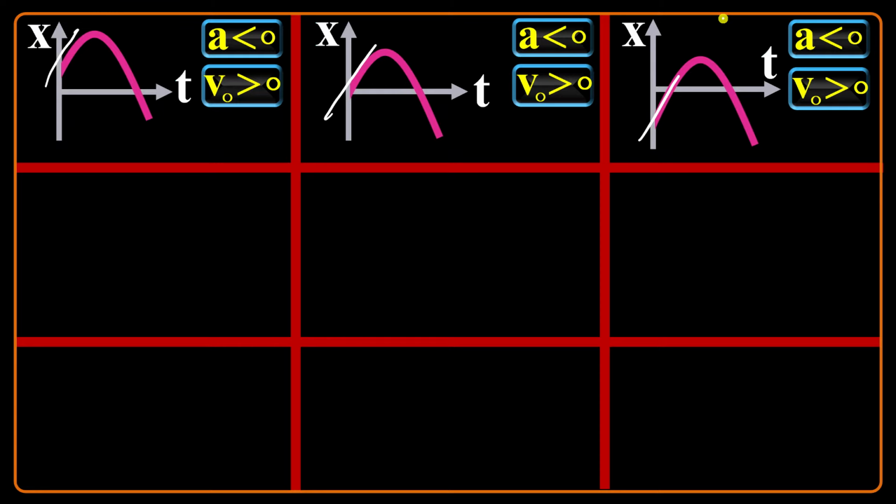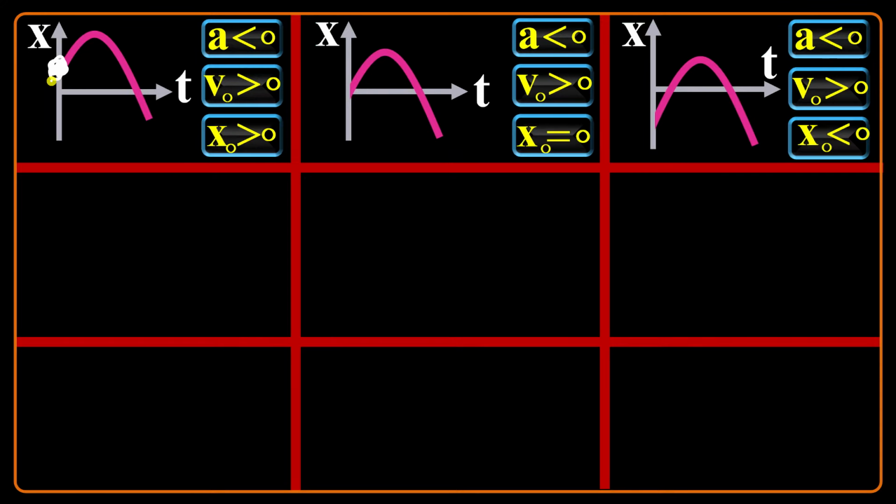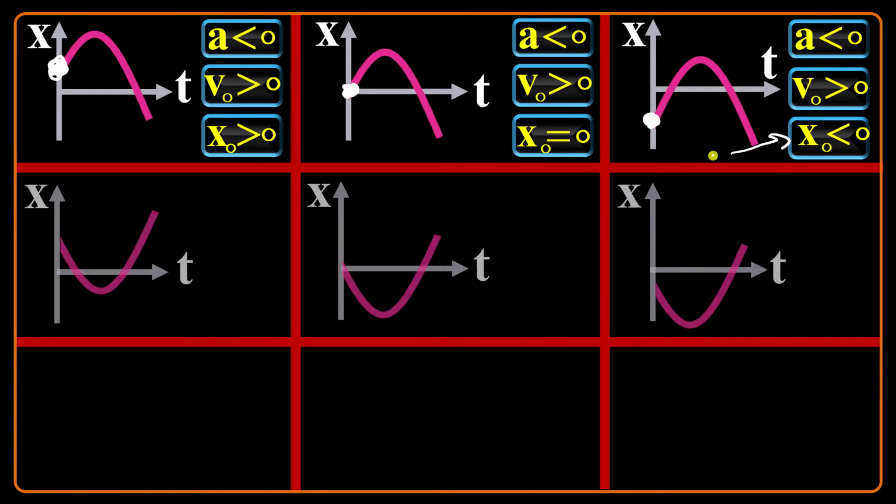The last will be related to the initial position. Here, the first one starts from above the t-axis, so initial position is positive. The second one has initial position 0, and the last starts from a point below the t-axis, so the initial position is negative.